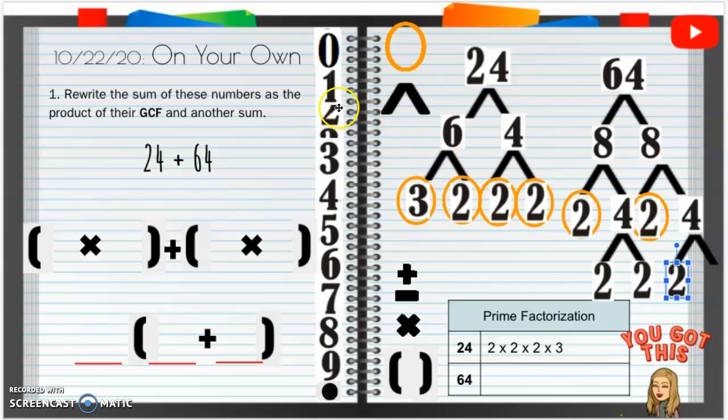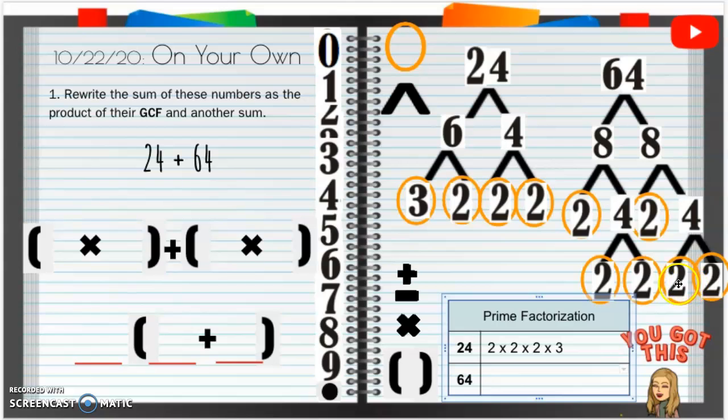Got a lot of 2s here. Now these 2s, we can circle them because they are a prime number, so we can't factor them or break them down anymore. There are no more parts of the tree that we can factor because the circles are at the ends of all of them. Now this is where it gets a little tricky.